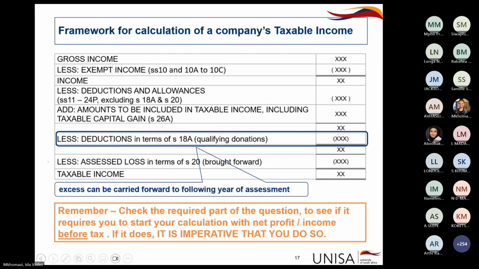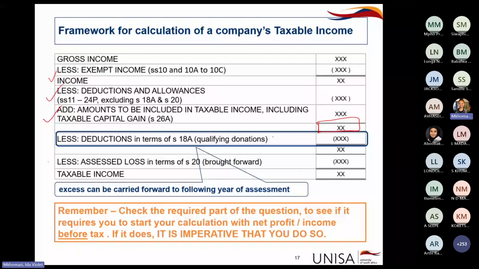Okay, so if we look at the tax framework, if ever you get a question that has a qualifying donation and also has a balance of assessed loss, you first apply the deduction for the qualifying donation. So this would mean that you would have determined your income, you reduce it by your deductions and allowances, you add your CGT, then you get your subtotal.